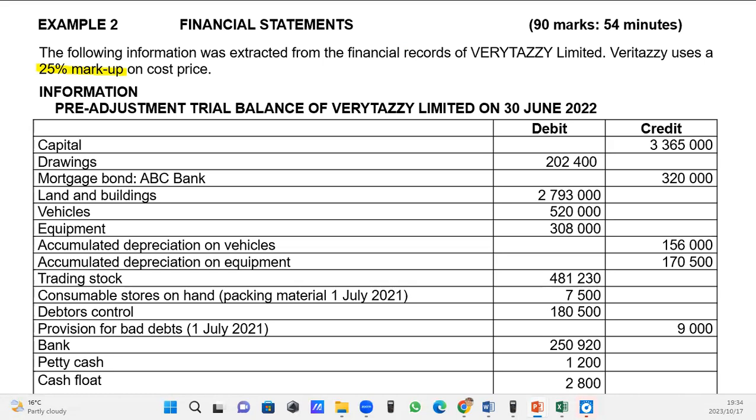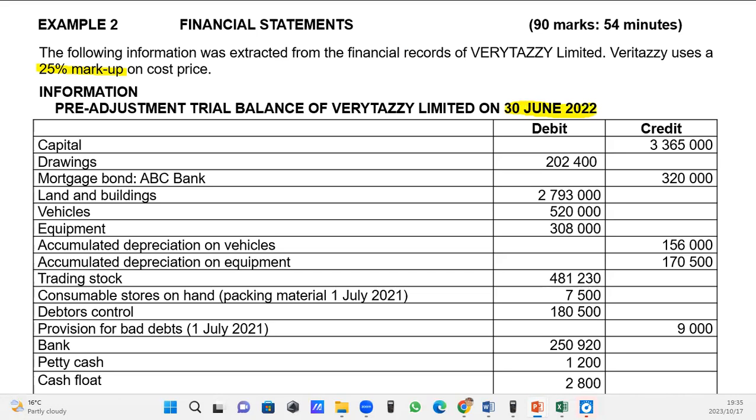And we are given the pre-adjustment trial balance of Veritasi Limited on 30 June 2022. That highlights the end of the financial year, meaning that the financial year will start on the 1st of July 2021.